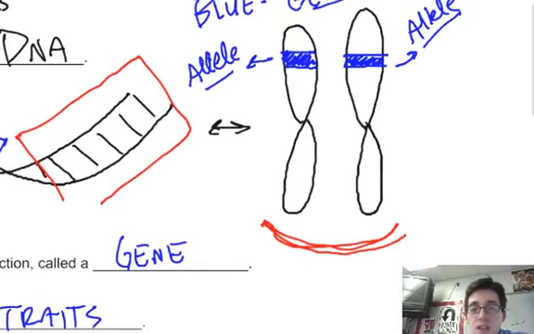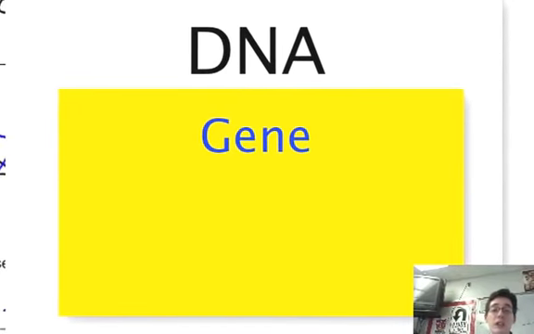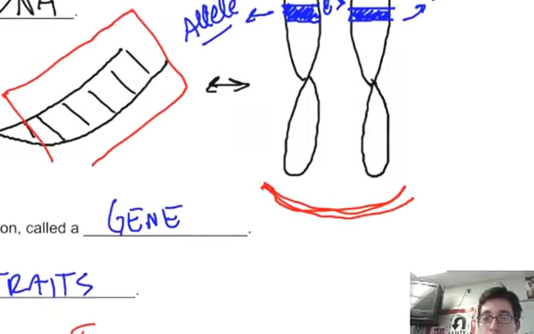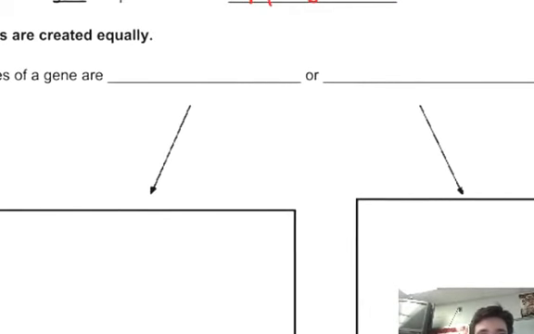Okay, in those genes, one of the pair is an allele. So we're breaking it down further and further, with DNA being at the top, genes falling under that, and then an allele would be beneath a gene. So again, a lot of vocab coming at you today, so slow it down, and if I'm talking too quickly, you need to pause and go back and listen to it again.